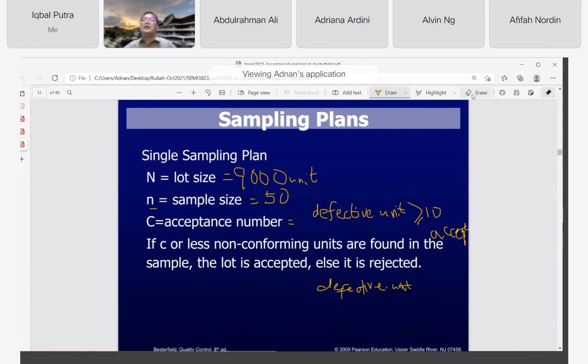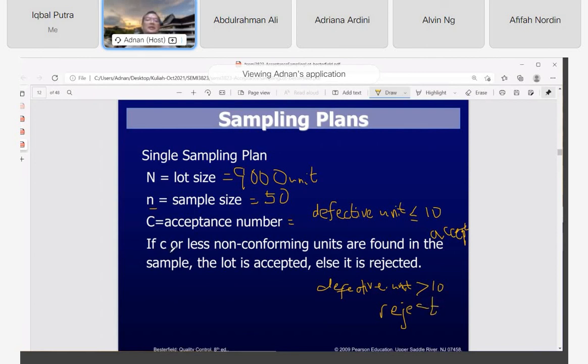I should say if the defective units are less than 10, I accept. If I have more than 10, I will reject. So this is an example of single sampling. Based on single sampling, you make a decision.